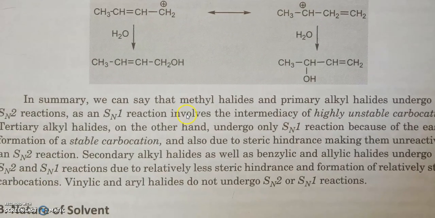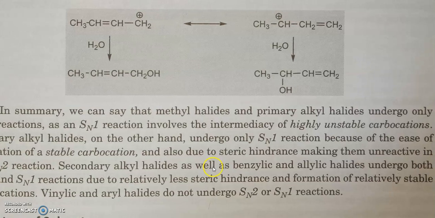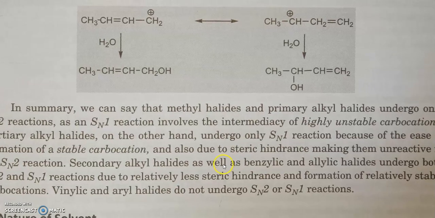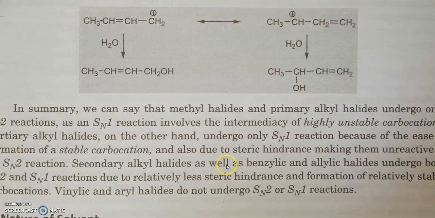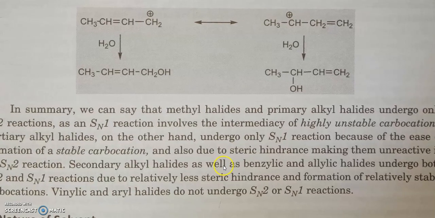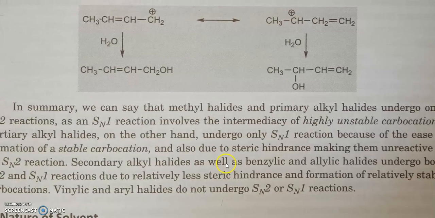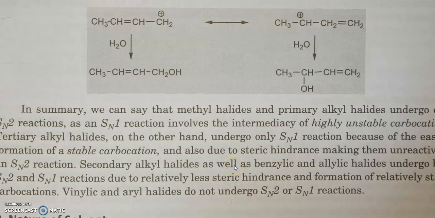In summary, methyl iodide and primary alkyl halides undergo only SN2 reaction, as an SN1 reaction involves the intermediacy of a highly unstable carbocation. Tertiary alkyl halides, on the other hand, undergo only SN1 reaction because of easy formation of a stable carbocation, and also steric hindrance makes them unreactive in SN2 reaction.